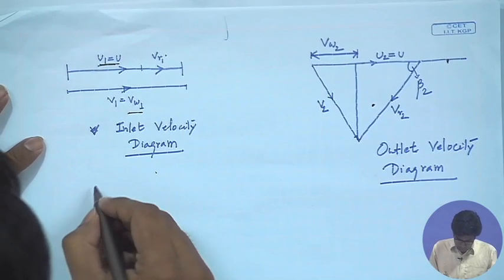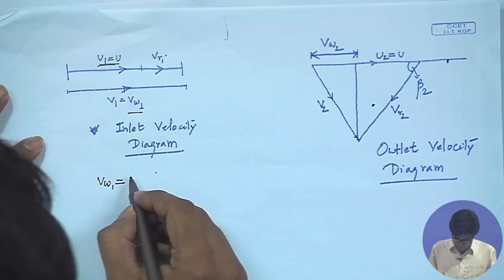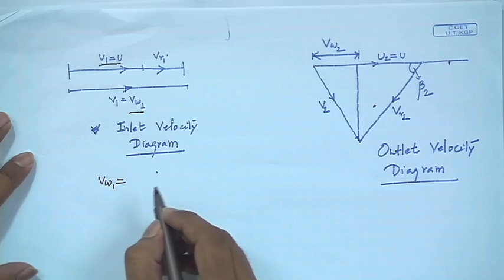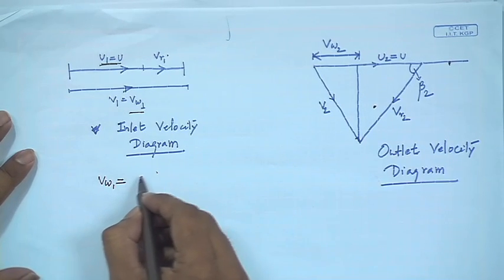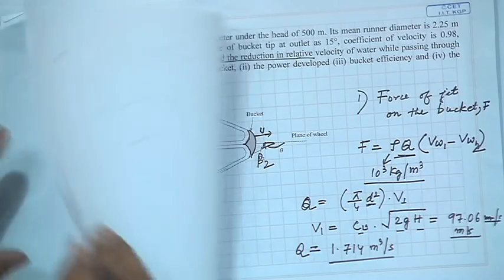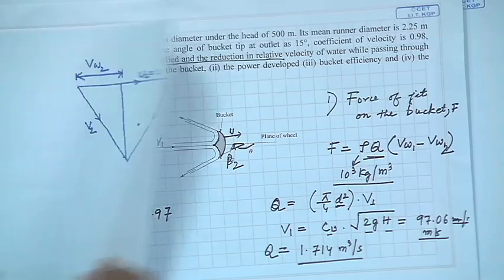So, from here we know that the tangential velocity at the inlet is nothing but the jet velocity. We have already found out the jet velocity, which is 97.06.